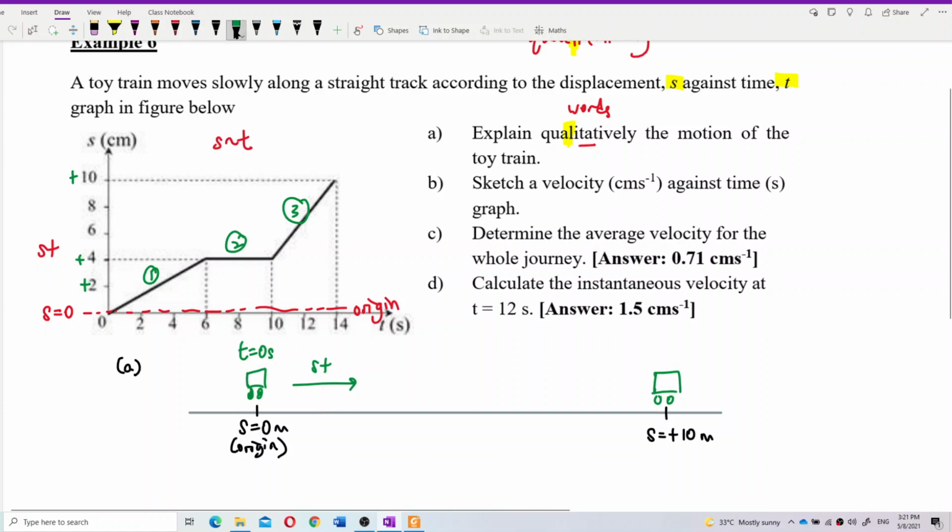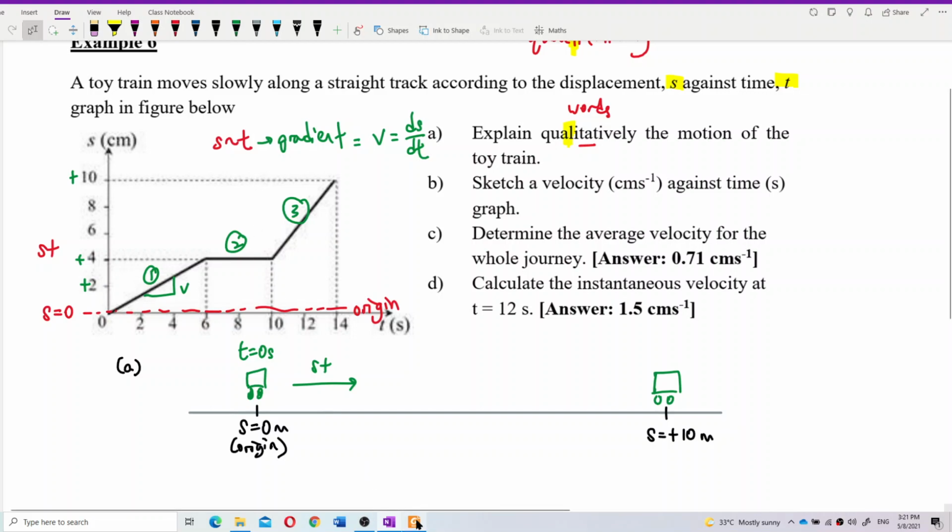Still remember? Yes, it is velocity. Velocity is ds over dt. Velocity is the gradient of the displacement time graph.